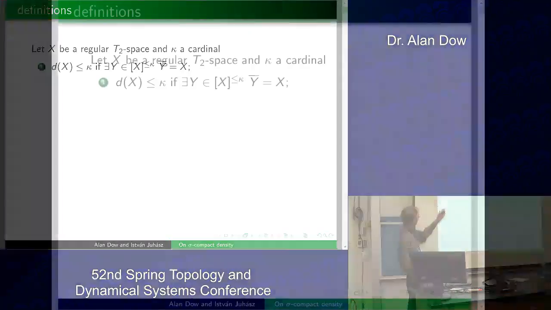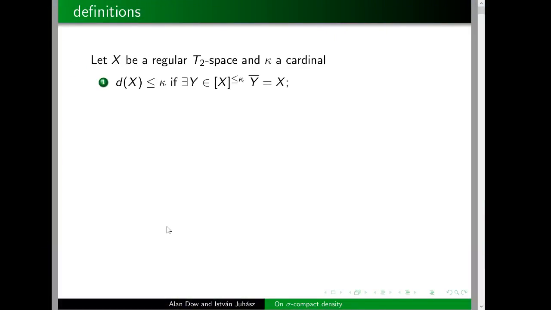The density of a space: we'll say its density is less than or equal to kappa if there's a subset of your space X of size at most kappa whose closure is X. Then the pi weight of X is the least cardinality of a pi base.